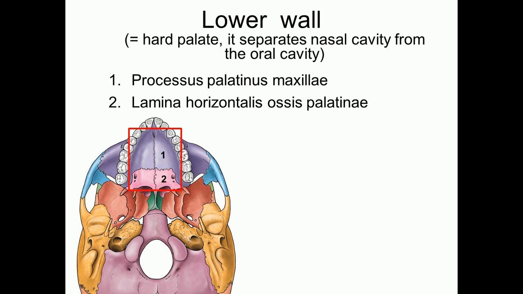I use these designations, 1 and 2, for demonstrating these structures: processus palatinus maxillae and lamina horizontalis ossis palatini. This is the lower wall.